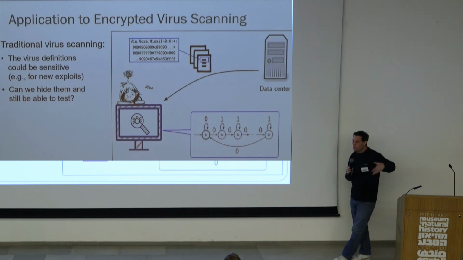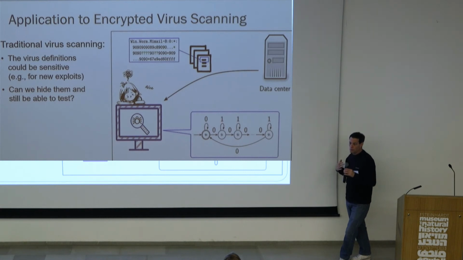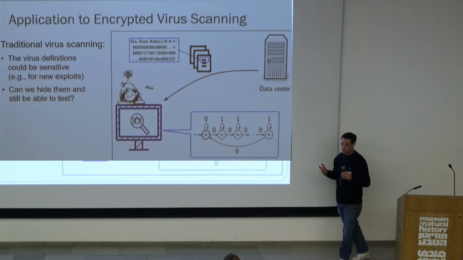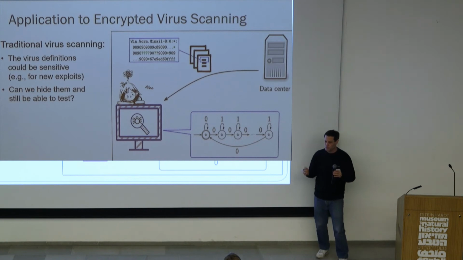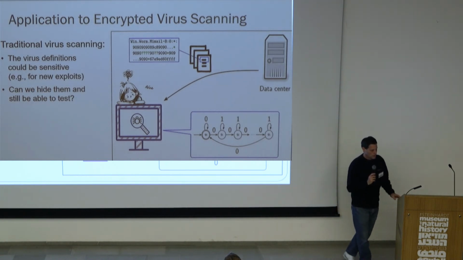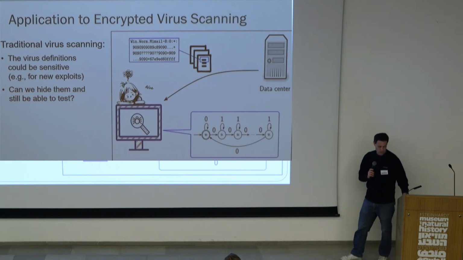So for example, it's an exploit that we discovered at our company, but is not known in the wild yet. We don't want to advertise it to everybody by pushing these simple virus definitions. So can we hide it some way and still be able to let everybody test?